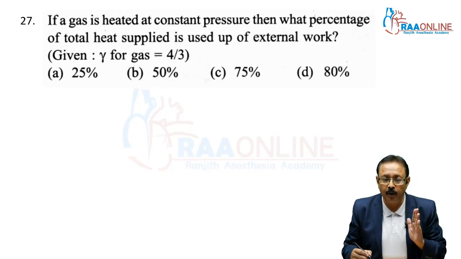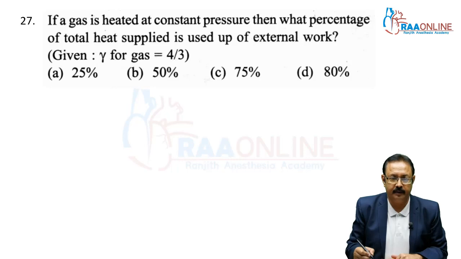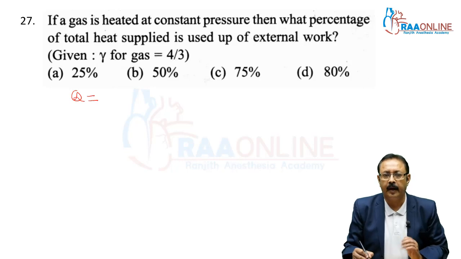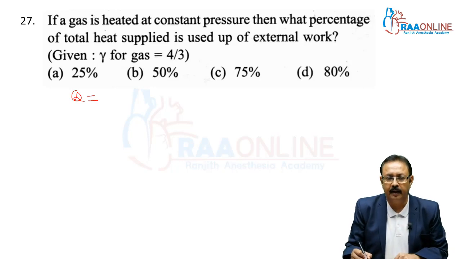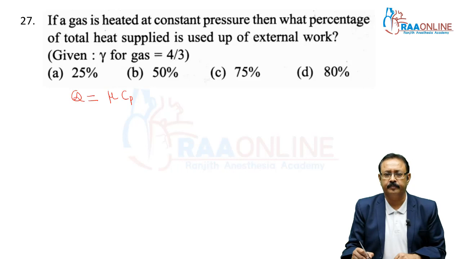From calorimetry we know that heat supplied Q is equal to m S theta. Here m means number of moles, S means specific heat, and we are doing this at constant pressure.